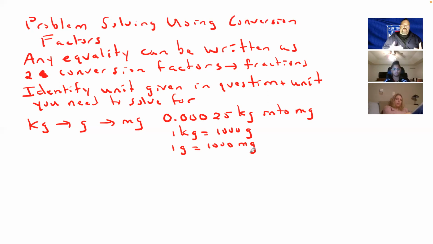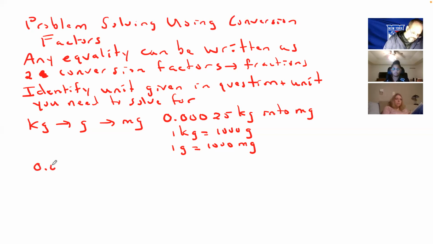So I would expect you to be able to come up with those equalities. Remember, kilo means increase by 1,000. Remember, milli means decrease by 1,000. But if you watched the video from last week or was with me, we talked about how equalities don't like decimals. It's better to use equalities that don't have decimals or fractions or things of that nature. So, these are the two equalities that I would expect you to come up with.